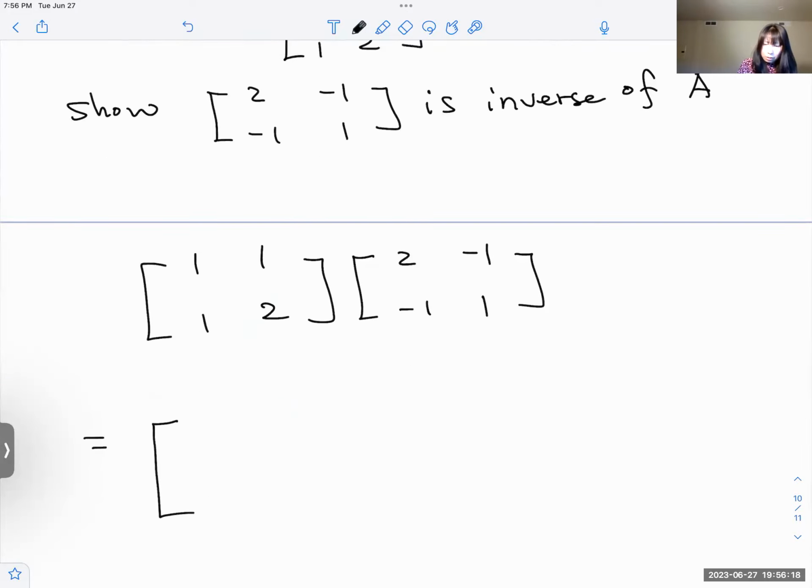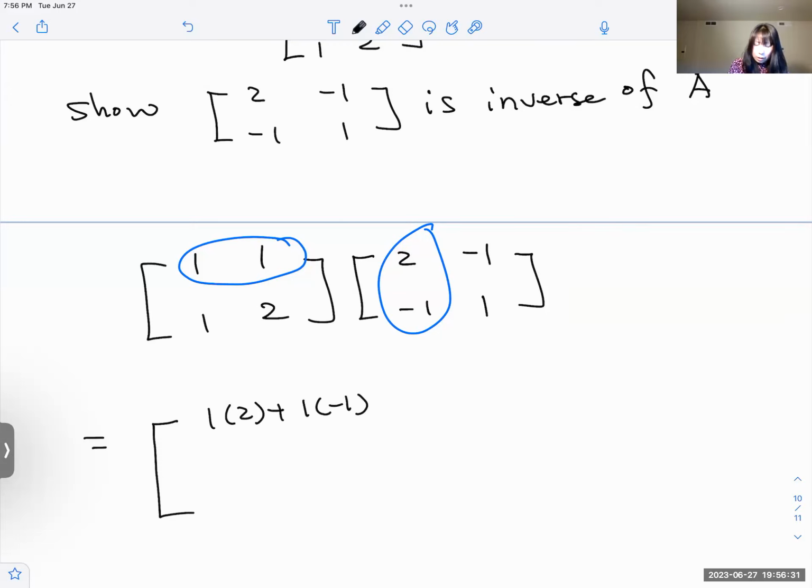Now we have to multiply. First row, first column: 1 times 2 plus 1 times -1. Since we don't have time, let me not do all of it.